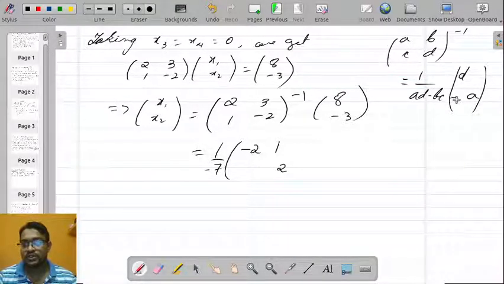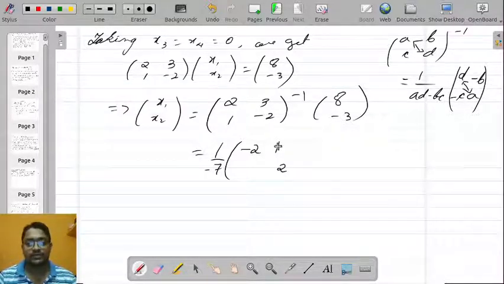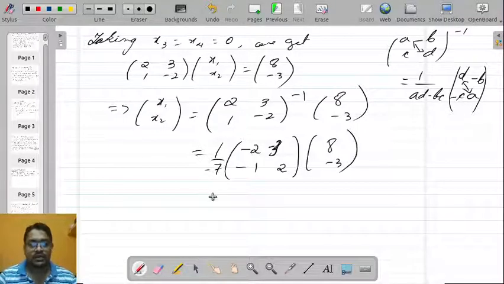This is the general rule for a 2 by 2 matrix: divide by the determinant, interchange the diagonal entries, and change the signs of the off diagonal entries. Whatever we get, that is the inverse.